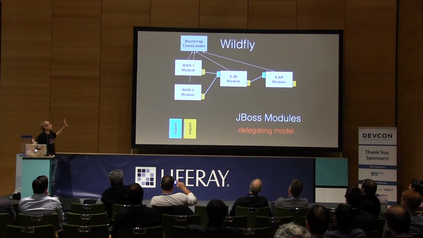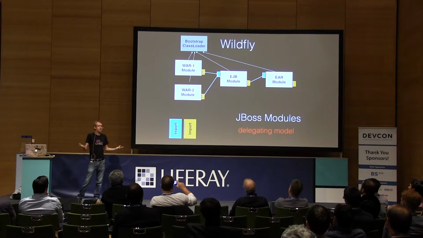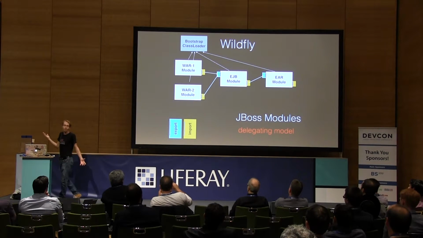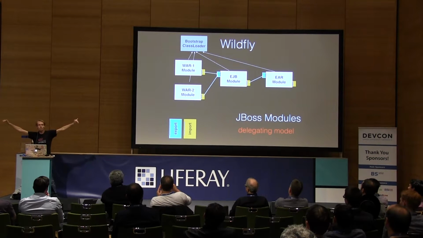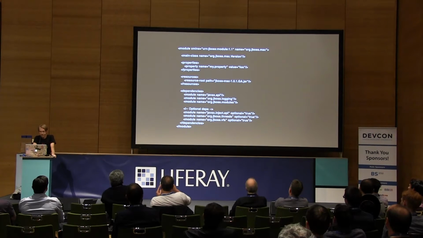For sure, even WildFly and even OSGi are using a bootstrap class loader, a higher class loader. Sure, you need to load, for instance, classes in the java package or the sun packages by a common class loader. Otherwise, you're getting two different tuples and you can't cast. That's the reason why you need a bootstrap class loader.